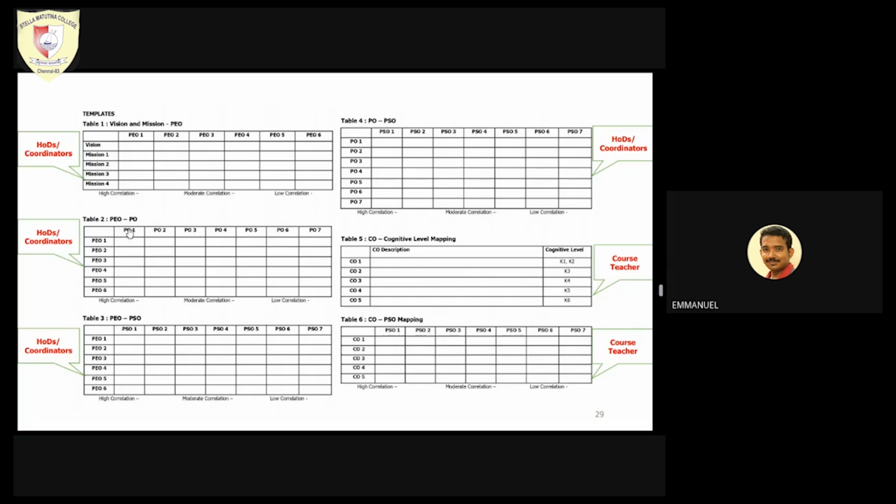Under one roof of computational sciences, these program educational objectives have been framed. Program outcomes have also been done at the school level, but keeping in mind what is specific to the department. Whereas PSO, the next table, has been done just by the OBE team of the department itself.